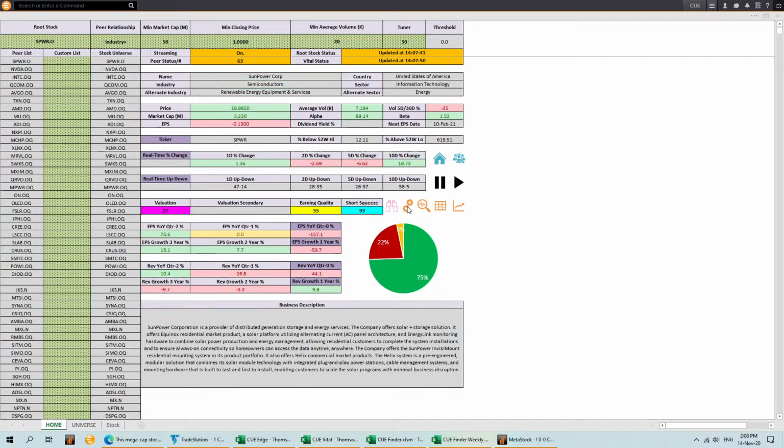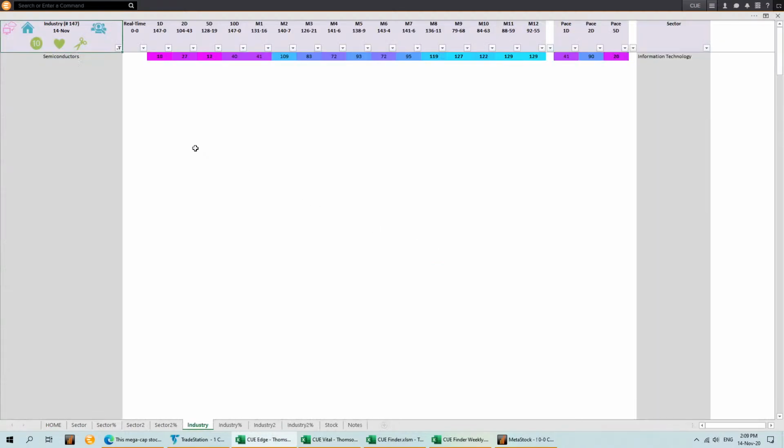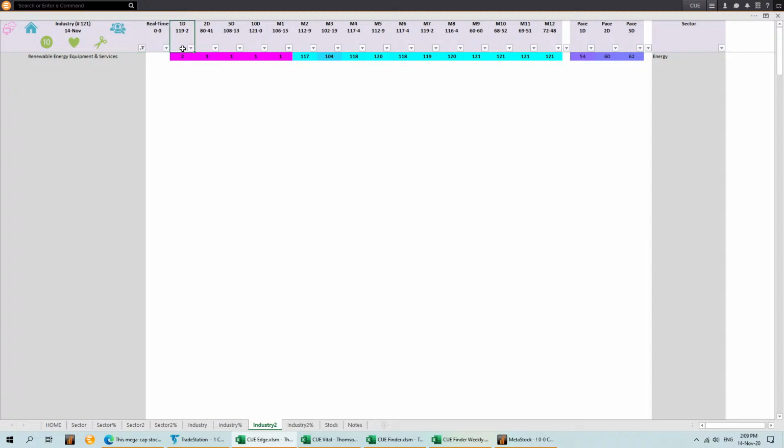Now let's look at its industry. Semiconductors, if we think of it as a semiconductor, but we shouldn't, it's a renewable energy stock. Semiconductors are down, relatively speaking, and if I look at renewable energy equipment, it's also down.